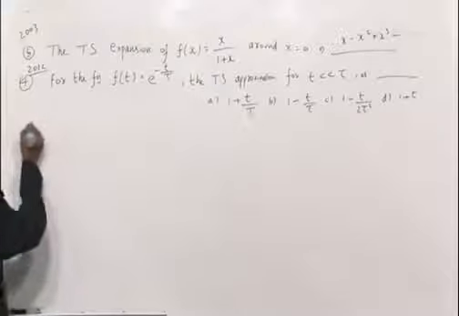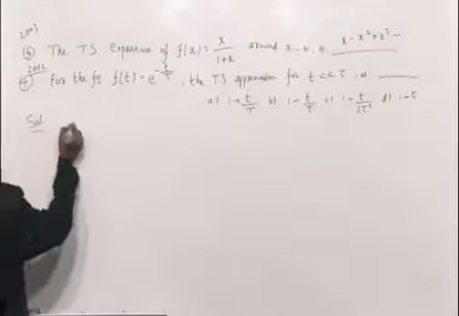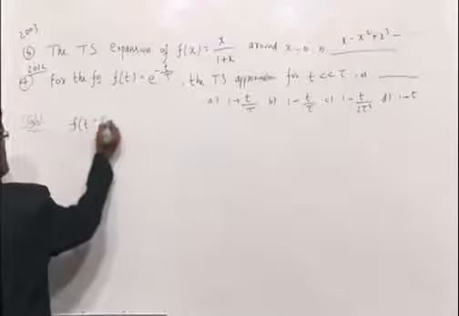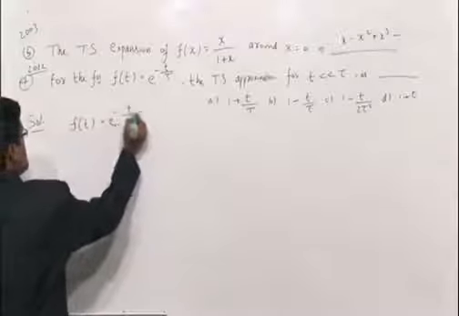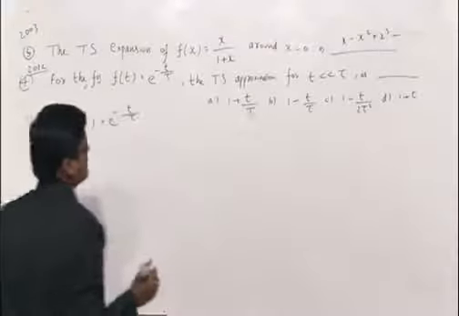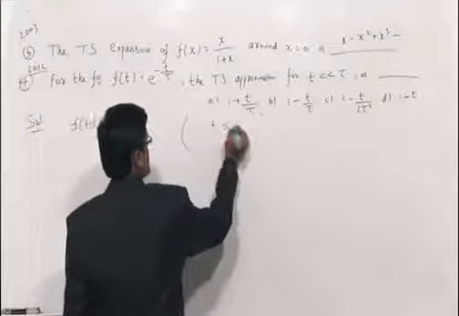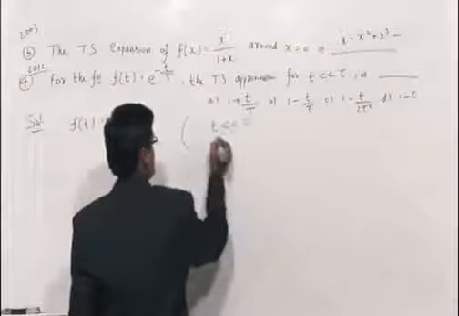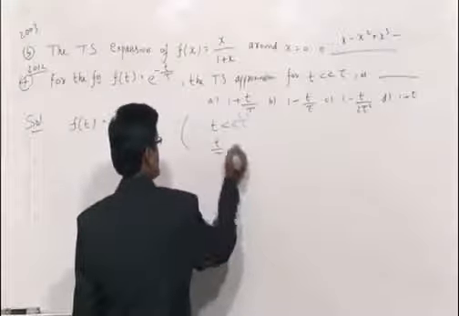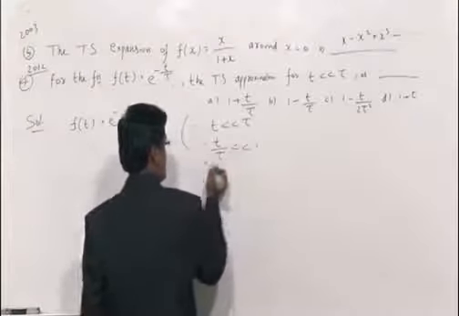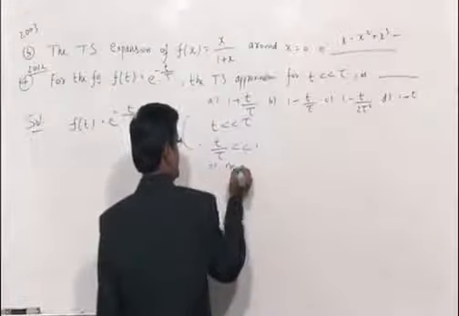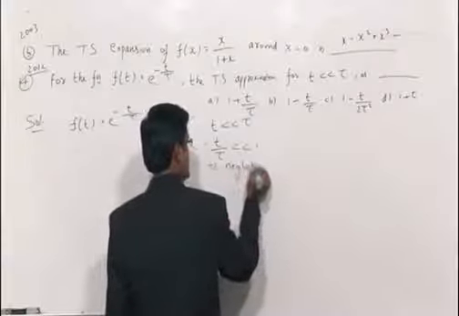Solution. Here instead of the x variable it is given as the t variable, e power minus t by tau. Now since t is much lesser than tau, therefore t by tau is much lesser than 1. That means neglecting the squares, cubes, etc., which are going to vary approximately to 0. This is the reason, very very important.